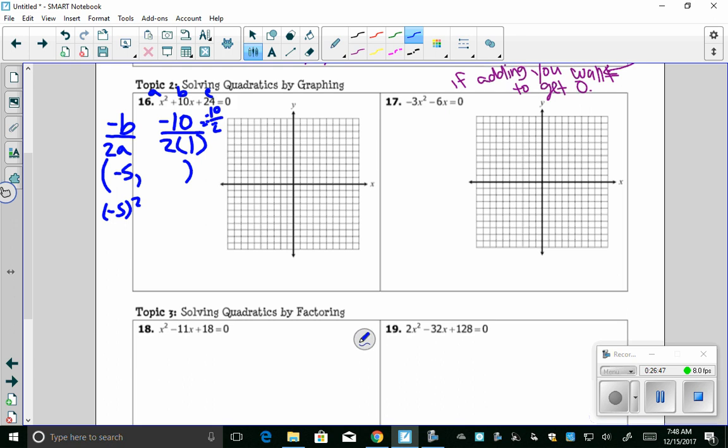Negative 5 squared plus 10 times negative 5 plus 24. It's going to give me 25 minus 50 plus 24. So it's going to be negative 25 plus 24, and I get negative 1. So this is my vertex. So I'm going to go put a point on my vertex.